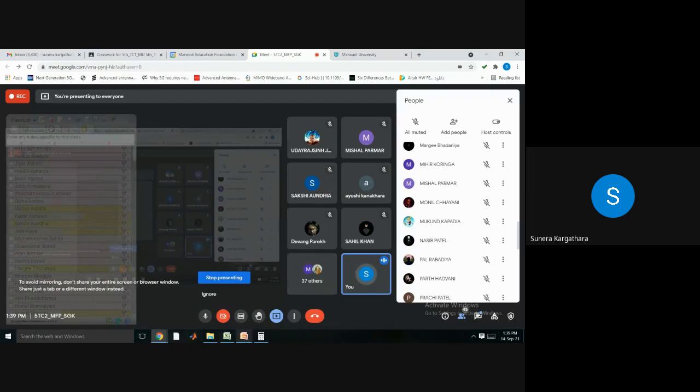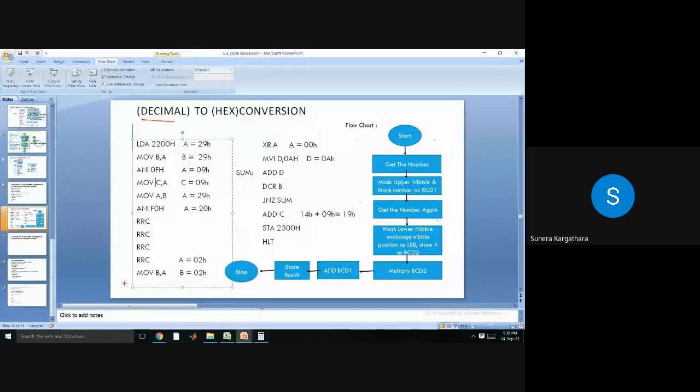We will have code conversion for at least 5 to 6 codes we discussed in class. Right now things should be clear, students, you only need to know the procedure. Then you can write the code accordingly. We had discussed in class code conversion for the 7 segment, for ASCII, for decimal to hex, ASCII to decimal, and decimal to ASCII.